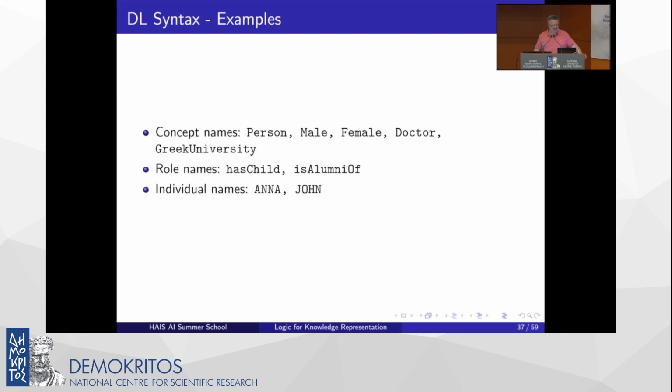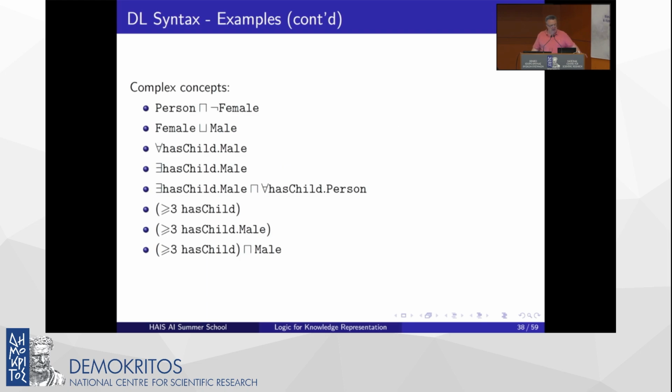So let's give a few examples. So this is my vocabulary. I have concept names: person, male, female, doctor, Greek university. Role names: has child, is alumni of. And individual names: Anna and John. Okay. Then I can define complex concepts.